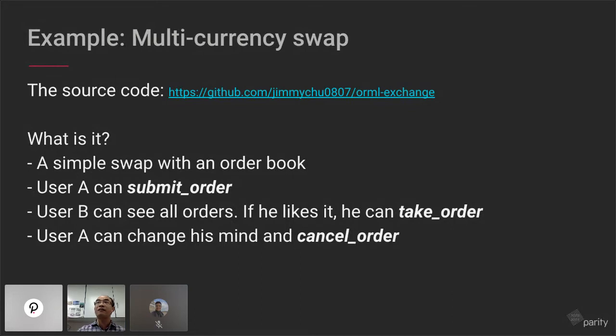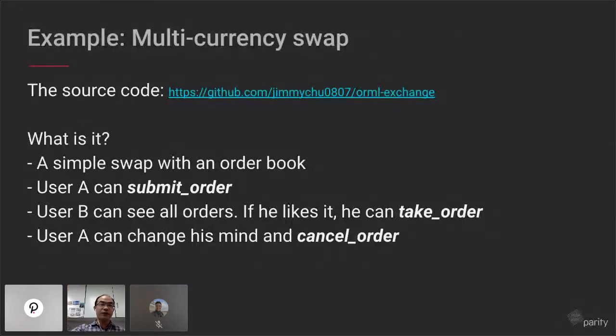If she doesn't have enough BTC, she won't be able to create that order, right? And we also don't want the case that she originally has enough BTC, but then she spent some of it so that her balance is less than 100 BTC, but she still has the order open, and then someone can take it. When someone takes the order, she doesn't have enough BTC to do the exchange. So we want to reserve that amount for the order, right?